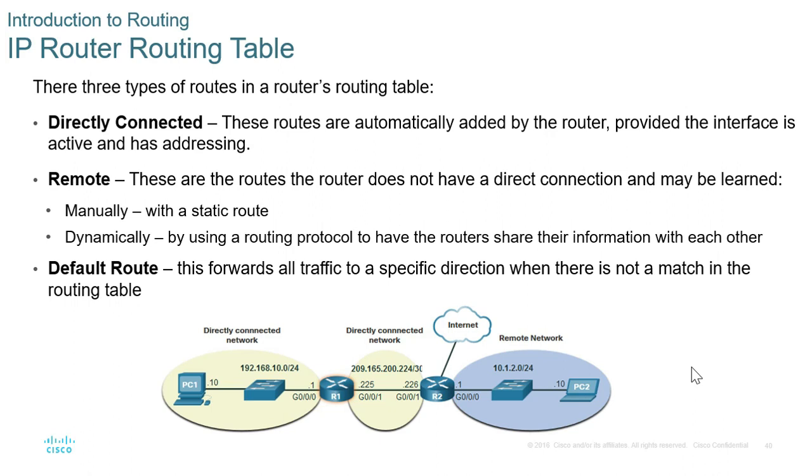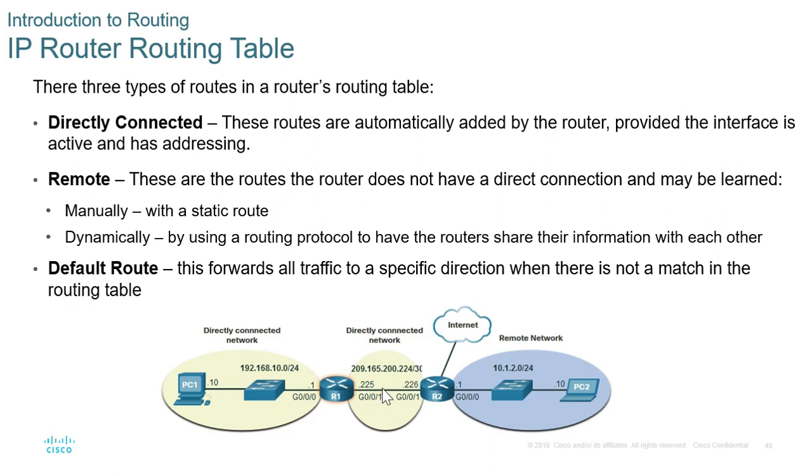Satu directly connected. Okay, directly connected ni without us having configured any routing, it will be automatically added to the router's routing table bila kita activatekan interface. Contohnya router 1, bila kita bagi IP address interface ini dan kata no shut, terus routing table R1 will have this interface and this network.